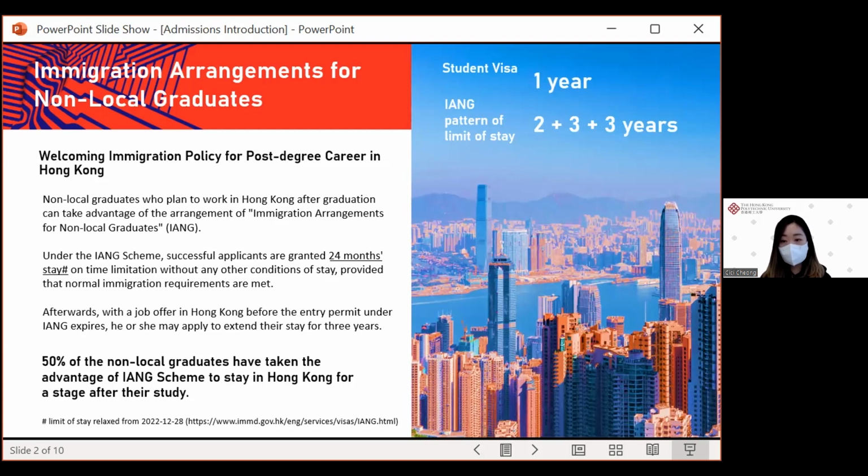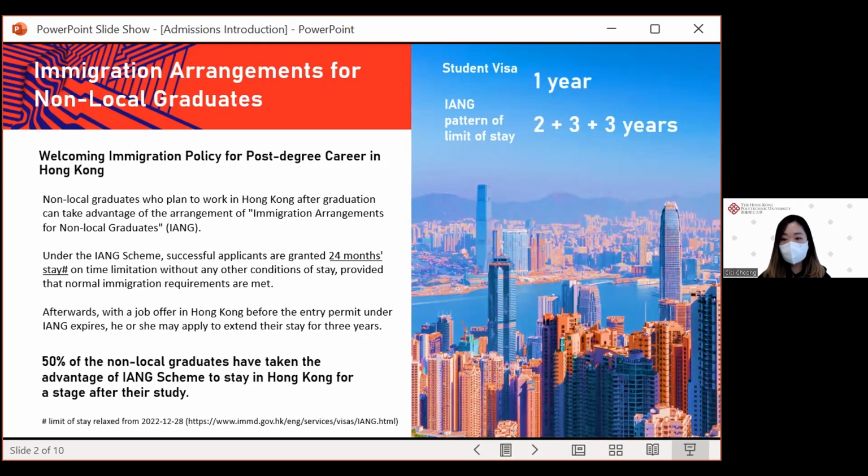Under this arrangement, you get 2 years in which you may stay in Hong Kong without any other condition, and you can find a job here and explore the employment situation.